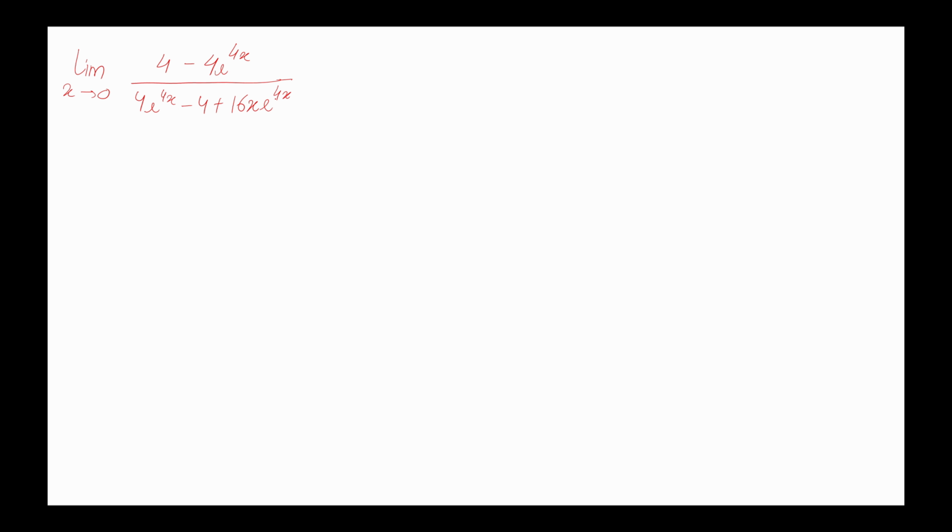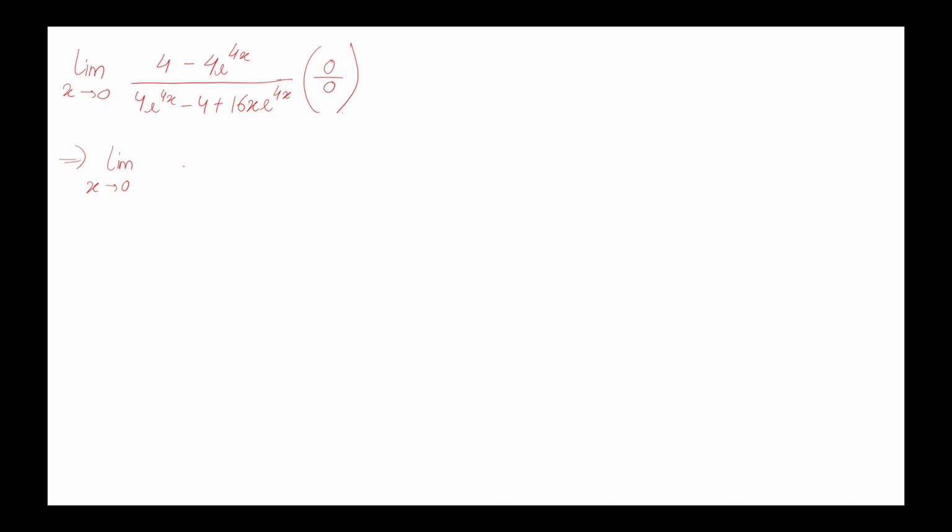Now if you put x as 0, it is again a 0 by 0 indeterminate form. So now I can differentiate this again by using my LH rule.